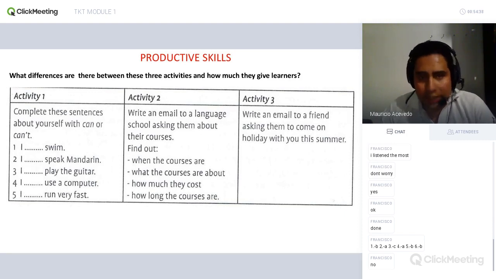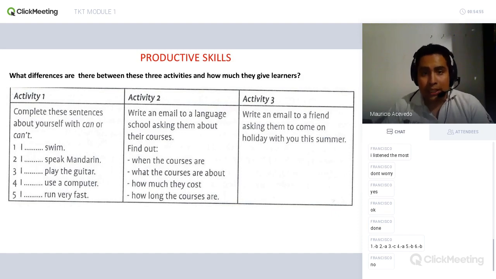Find out when the courses are, what the courses are about, how much they cost, and how long the courses are. And finally, three: write an email to a friend asking them to come on holiday with you this summer. As you can see, Francisco, the three activities are related to the writing skill. In the three of them, you have to write, but obviously there is a difference.